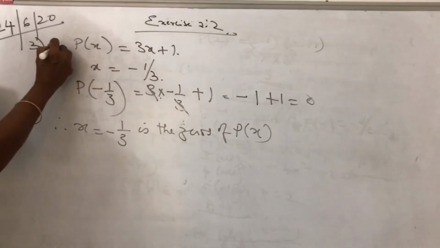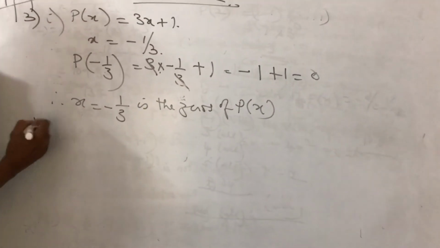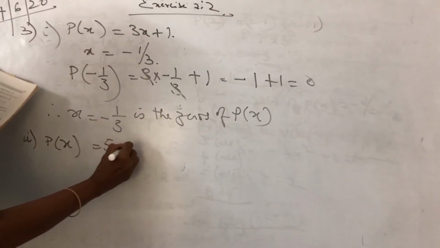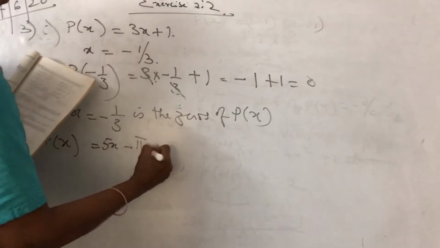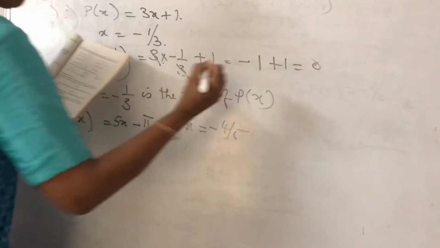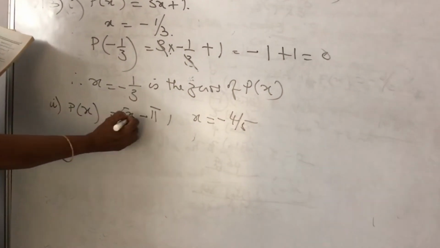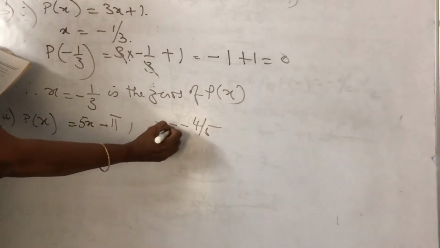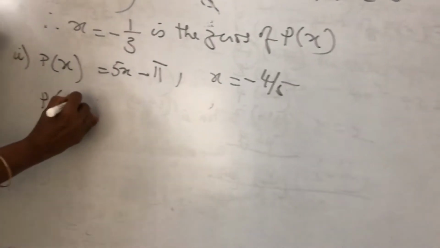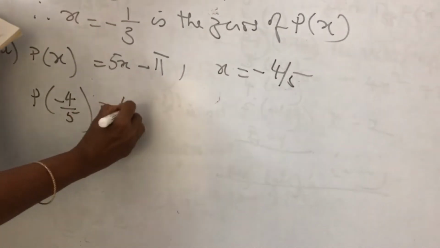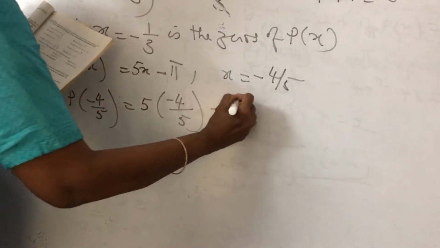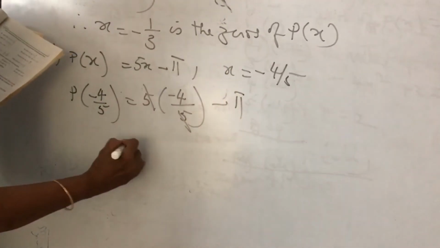Second bit, children. P of x is equal to 5x minus pi and x is equal to minus 4 by 5. In the place of x, children, put minus 4 by 5. 5 into minus 4 by 5 minus pi. 5 and 5 will get cancelled.